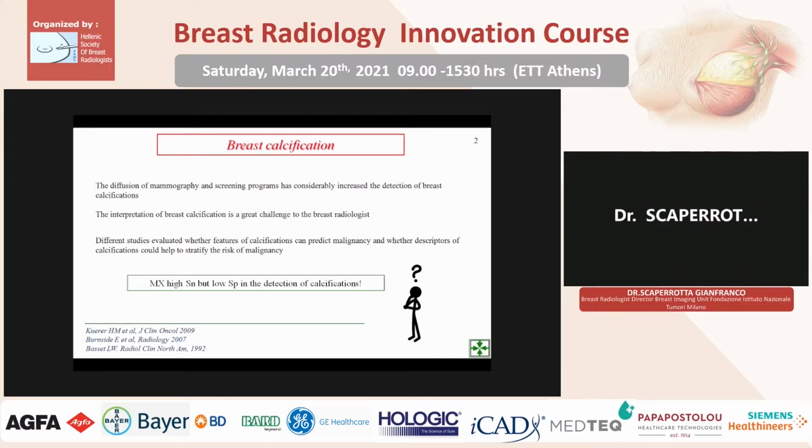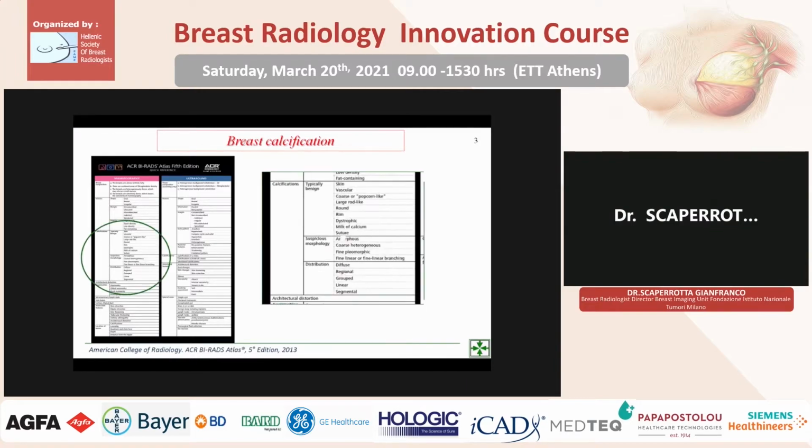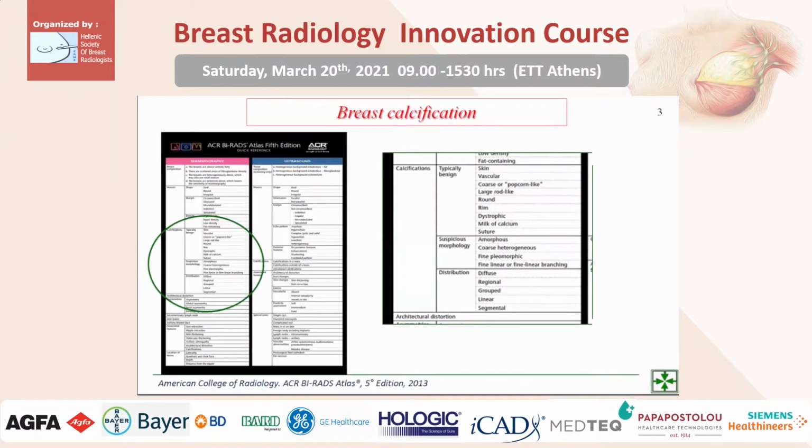Today it is low. We use, I think in Europe it is the same, the RCR and BI-RADS 5, because there are typical situations to distinguish benign and suspicious calcifications.